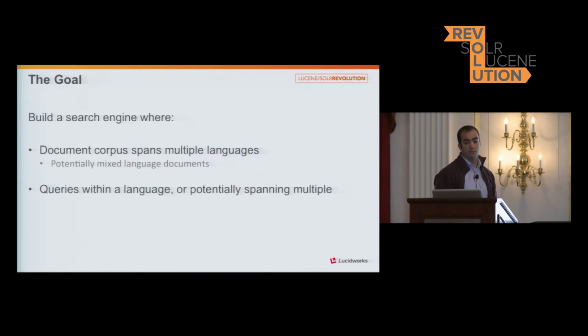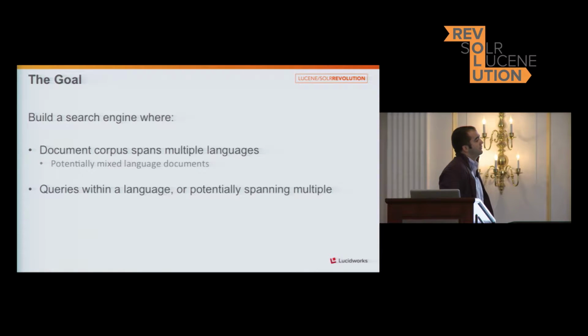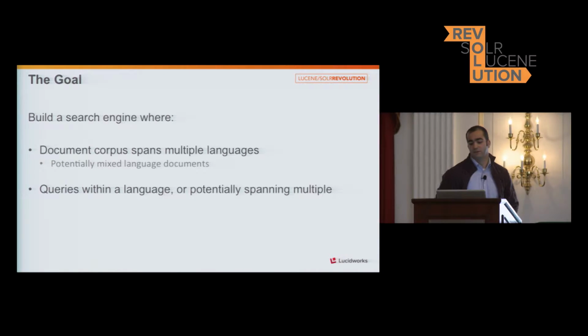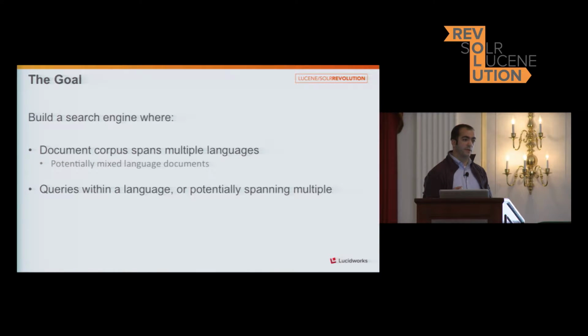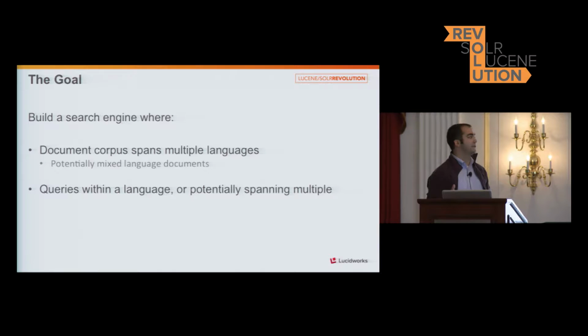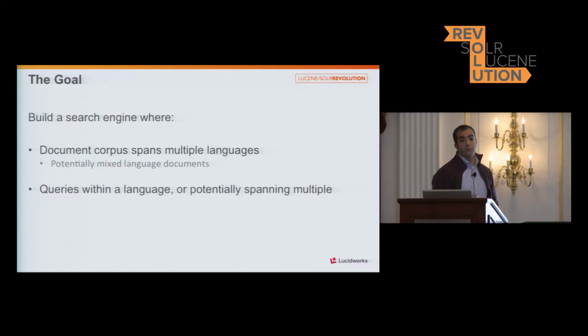The goal here is not to build Google, but with Solr, to build a search engine where your document corpus spans multiple languages, so that'll be a constant here. Maybe your documents themselves will be mixed language.